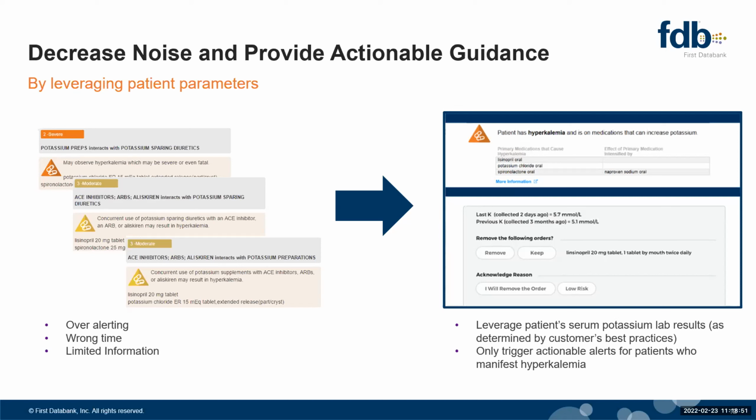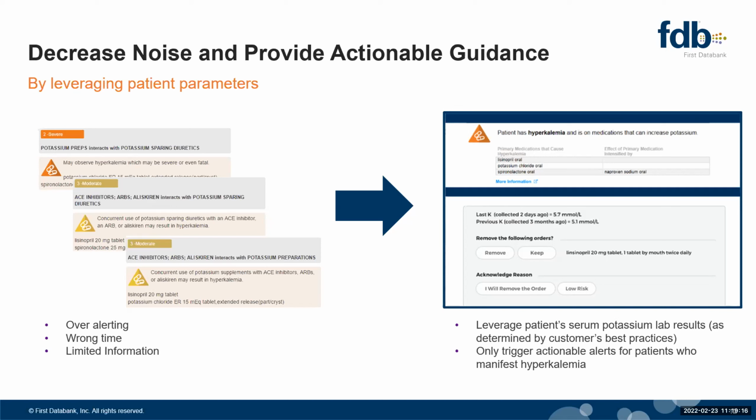What we've done is, by leveraging that patient's lab value and only alerting when the patient has a high potassium lab value, now we can filter off the less specific content and display. We provide a threshold to our customers that we recommend for that potassium trigger, but they can refine it if they decide that organizationally they'd like a higher or lower level.